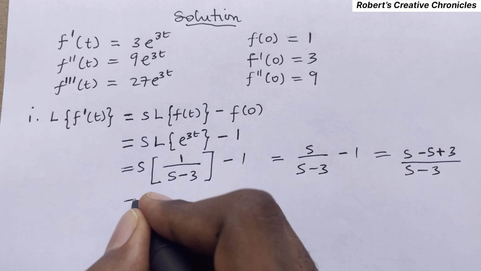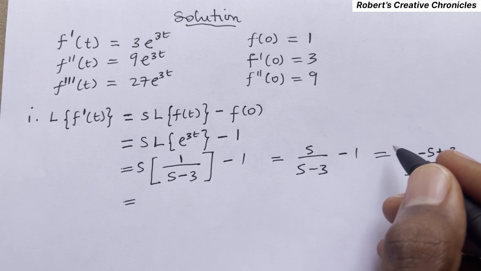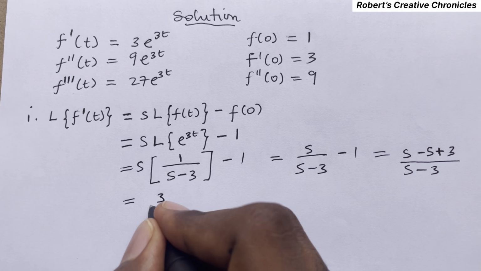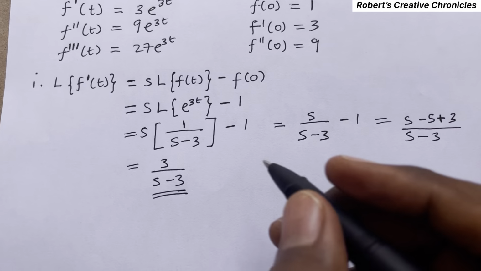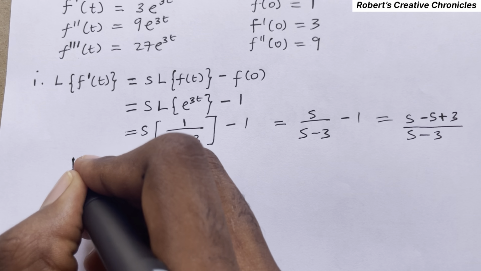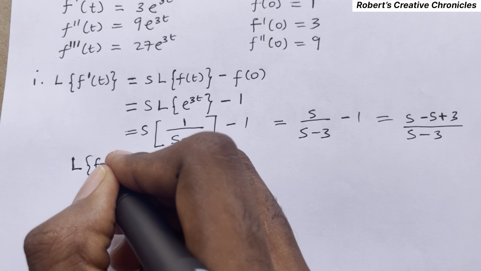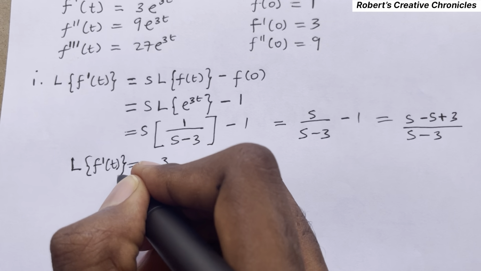So now this becomes 3 over s minus 3. So that means the Laplace transform of the first derivative is this.